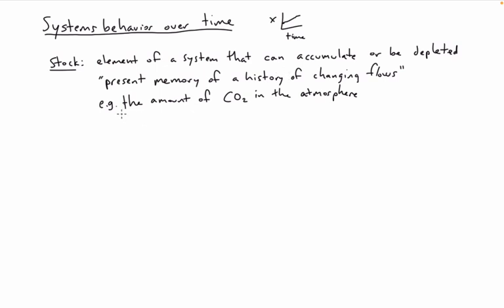And the other main element we think about in terms of system behavior over time is the flow. So the flow is the entities that make stocks increase or decrease.